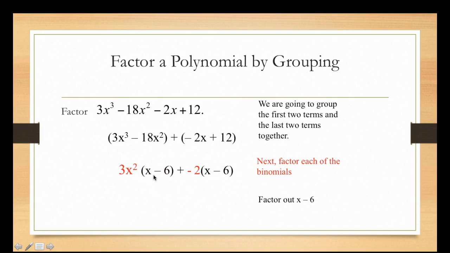That will be one of our factors, and then the stuff on the outside of the parentheses will be our other factor. So if we factor out an x plus 3, our factors for this polynomial will be x minus 6 times 3x squared minus 2.